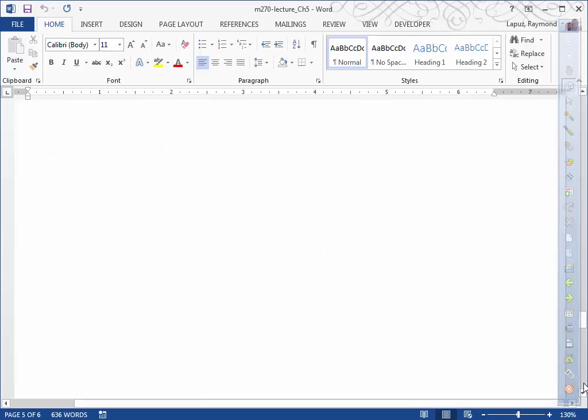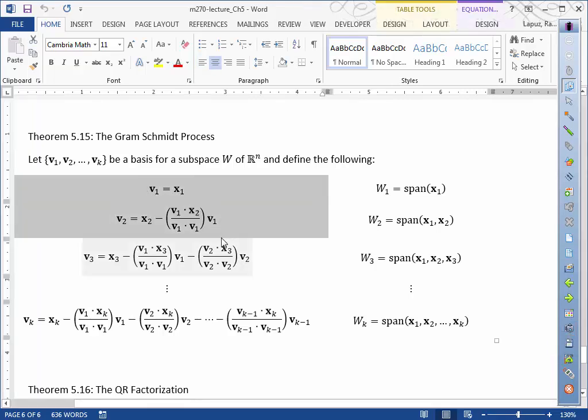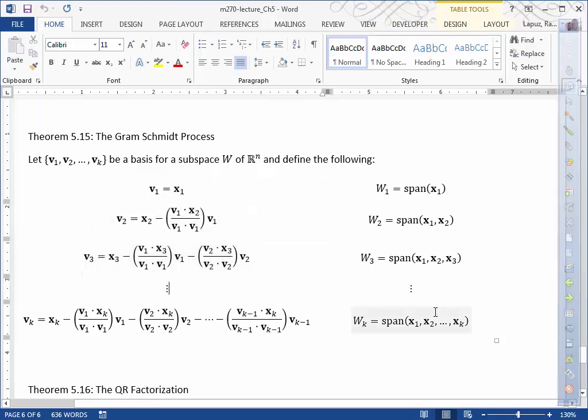But I do want to jump to 5.3, and this whole idea expands to more, and it's called the Gram-Schmidt process for orthogonalization. So what we did is just the first two, and then if you have more vectors, you would go through the same process.